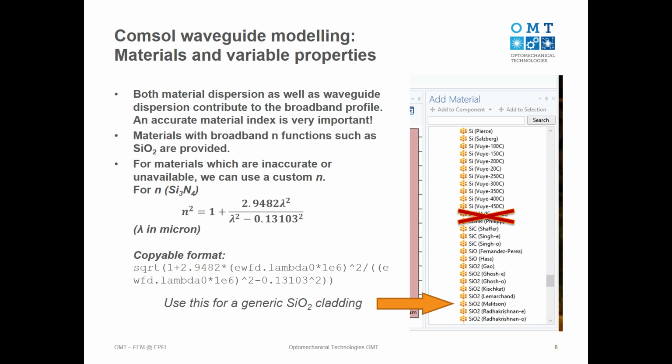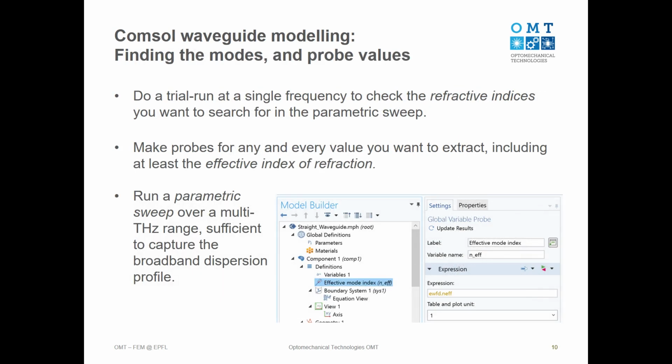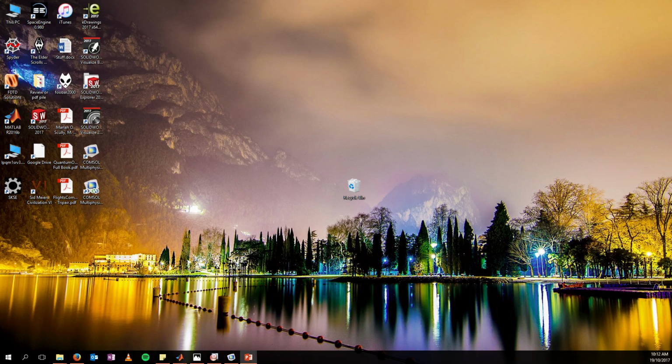Here it's going to be silicon nitride, and this is going to be the equation. Here it is in copy-paste format for you to just copy-paste if you want to do this from scratch. Hiron already explained meshing, so you probably get the idea. We'll see it later. And you'll see how I set up the model.